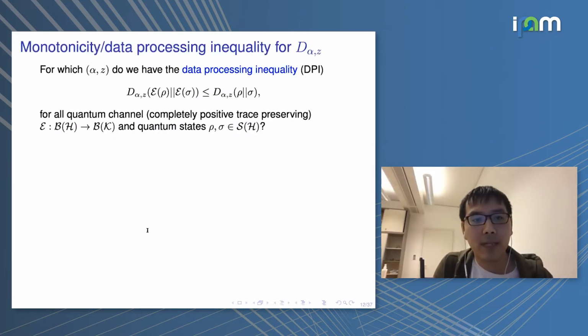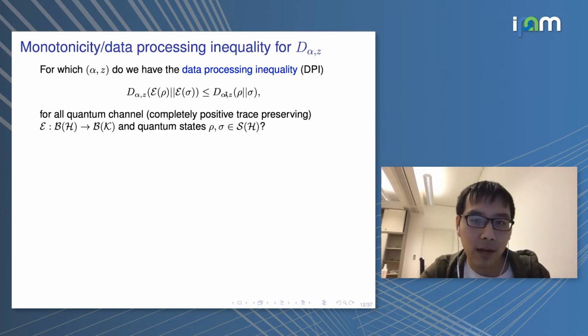The property that we are interested in is the so-called monotonicity, or the data processing inequality, for the alpha-z. So the basic question is, for which alpha and z do we have the following data processing inequality. This inequality says that for any quantum states rho and sigma, and for any quantum channel, the alpha-z relative entropy of rho with respect to sigma cannot increase under the action of the quantum channel.